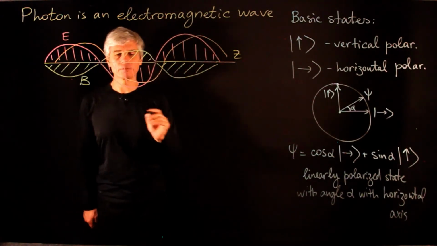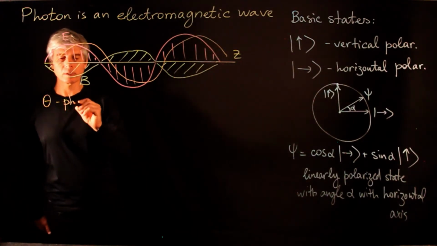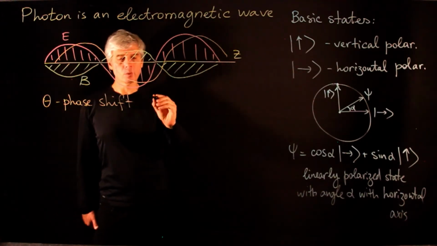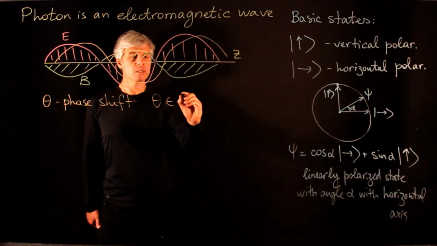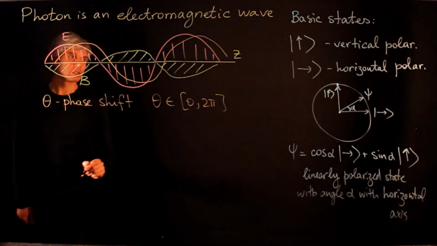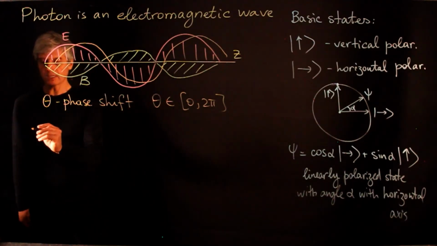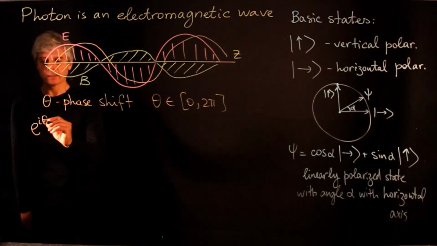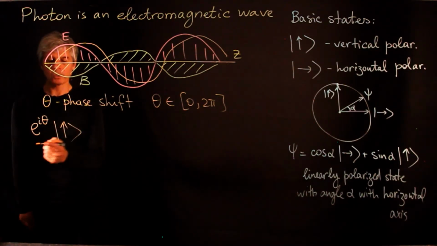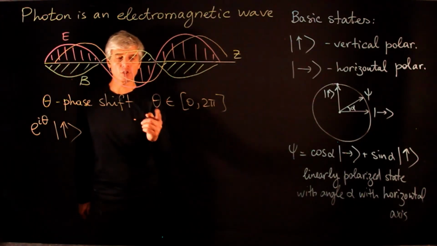So we introduce theta, the phase shift, which of course could be in the interval from 0 to 2 pi. These new states with the phase shift can be written as e to the i theta times the vertically polarized state. This state represents a vertically polarized state with a phase shift.